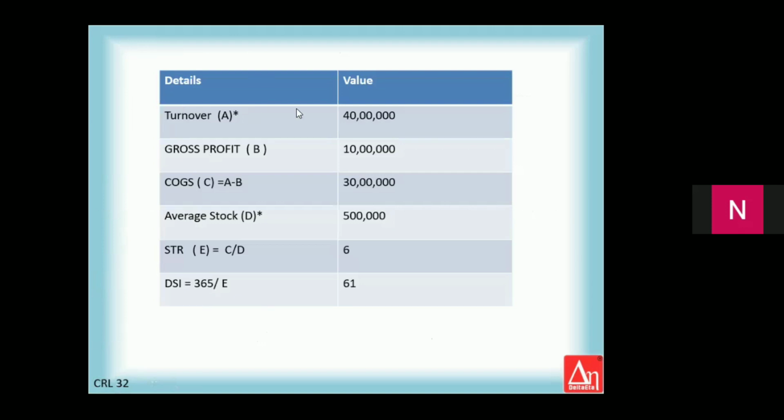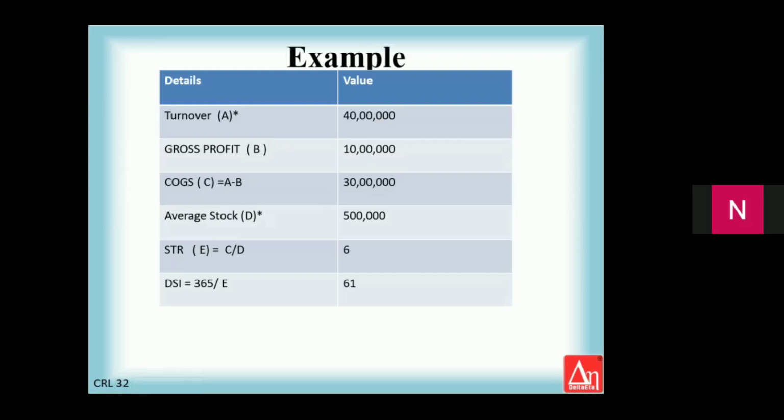Now, we're just going to calculate both STR and DSI in a simple way. Let's say the turnover of the company is 40 lakhs, or 4 million. Gross profit is 10 lakhs. So COGS is very simply 30 lakhs.